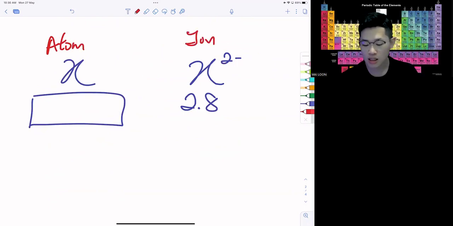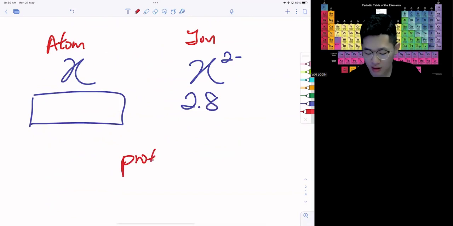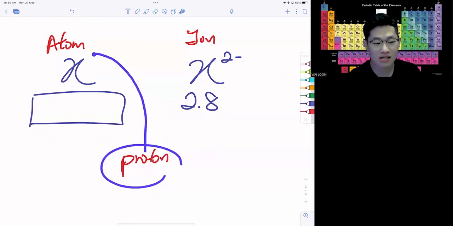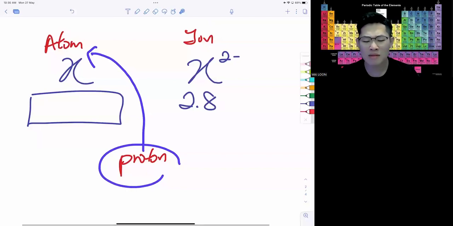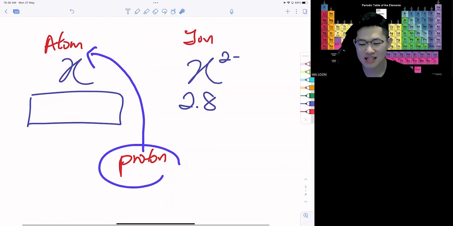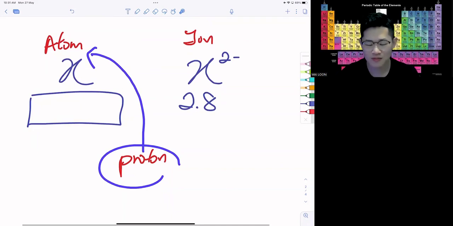So my question is, there are how many protons in atom X? Oh, very good. You all can get the answer very fast.